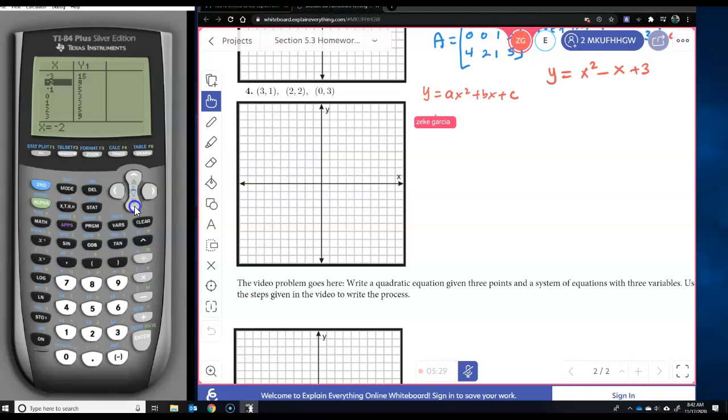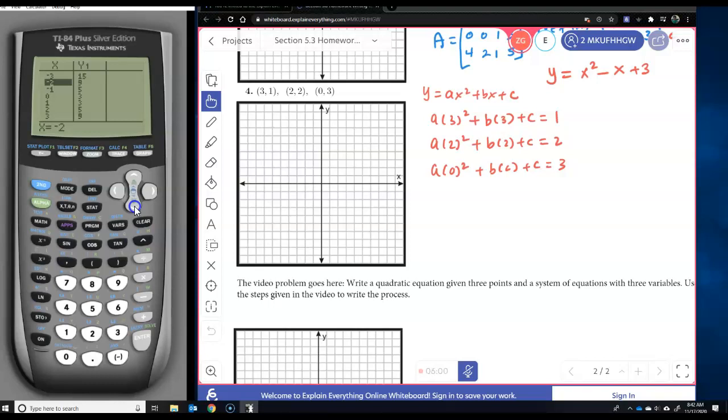And we have a times 3 squared plus b times 3 plus c. So x is 3, y is 1. The next one is a times 2 squared plus b times 2 plus c. That gives you 2. And then the last one we have a times 0 squared plus b times 0 plus c equals 3.